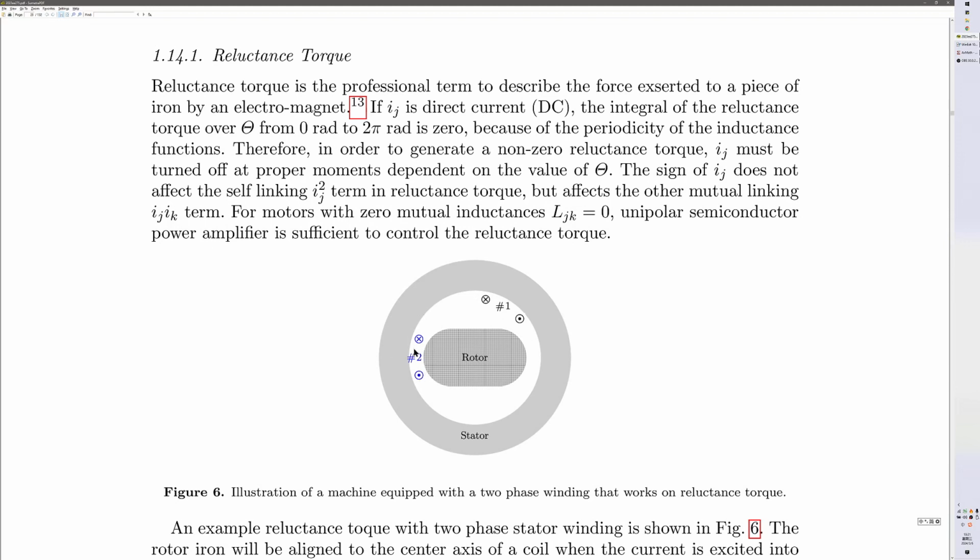When I say axis, I mean the flux linkage axis of this coil. If we stop excitation on circuit number 2 and apply excitation to circuit number 1, some reluctance torque will result and make sure the rotor is now aligned with the axis of the coil of circuit number 1.